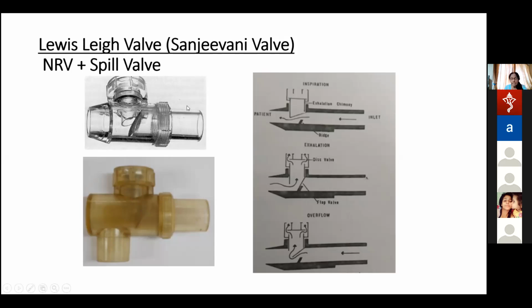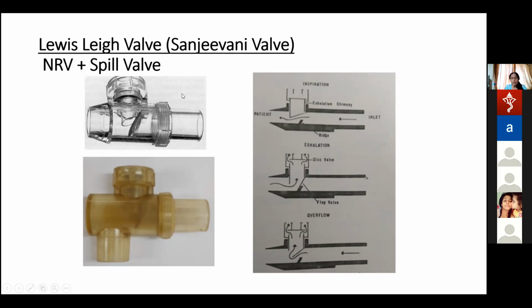But in case your flow rate is higher than required for spontaneous breathing, let us say the patient requires a flow rate of 5 liters per minute, but you have kept a flow rate of 6 liters because in case coughing occurs, patient becomes light, he should get higher flow rate. Now, what will happen if you are using a non-rebreathing valve? Whenever your flow rate is higher than required, the bag will keep on inflating with successive breathing. And what will happen? The flap valve will go and block the expiratory port because there is high pressure.